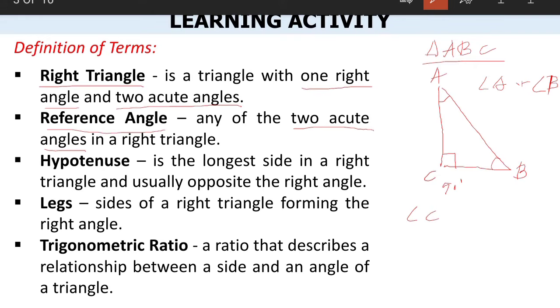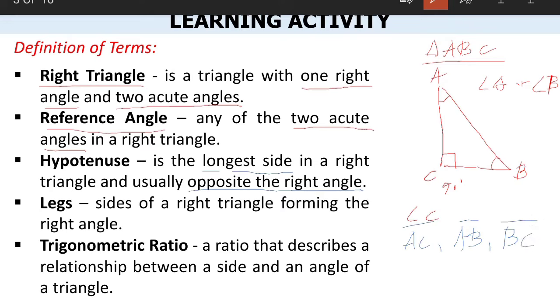How about the hypotenuse? The hypotenuse is the longest side in a right triangle and usually opposite the right angle. In the sides of triangle ABC, which is the longest side and which is opposite the right angle? We have side AC, side AB, and side BC.